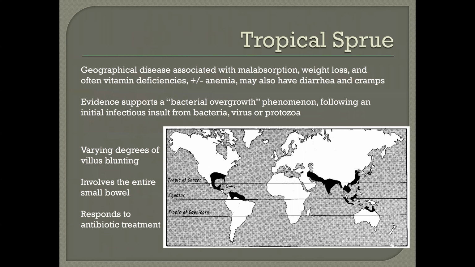The distribution of this disorder is quite interesting. We see it centers around the Caribbean basin in the Western Hemisphere, northern South America, not involving the tropical zones of the Western Pacific Rim, other than a small area here in Central America.